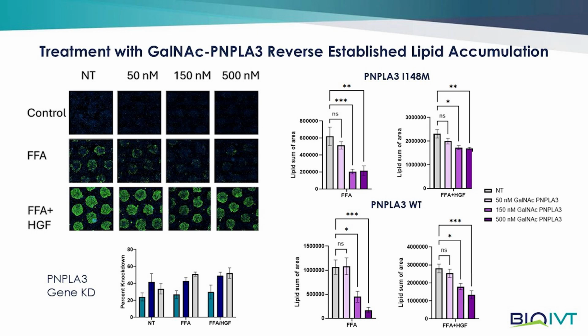What's interesting about this is we did not see any difference between the 2 genotype donors. Currently, we don't know exactly why that is, but it could be a result of the extended treatment period, so this was for a much longer period than the 4 days, or different dynamics when we're talking about establishing disease and then reversing it.